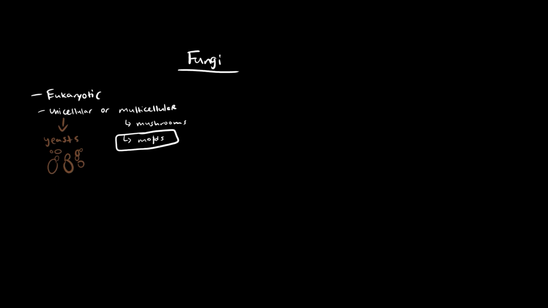An example of a mold is the mold called Penicillium chrysogenum. And this mold is where we get the antibiotic penicillin from. And we'll talk a little bit more about this later when we discuss the history of microbiology.